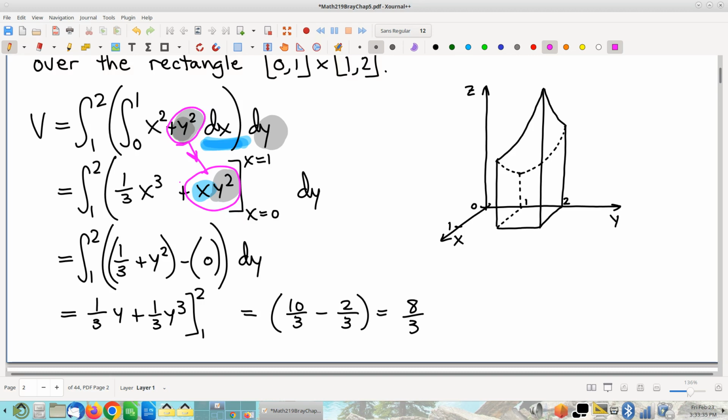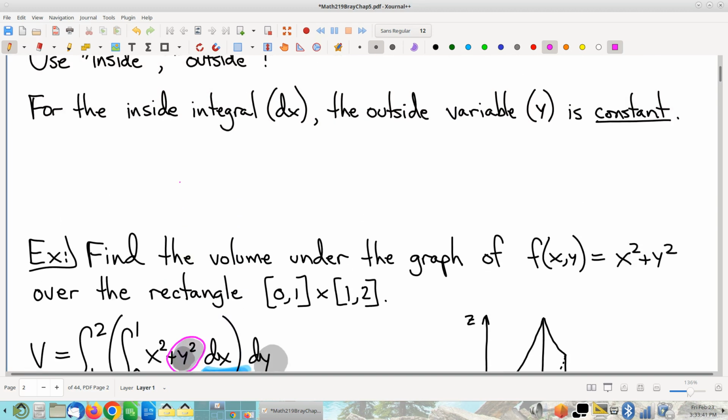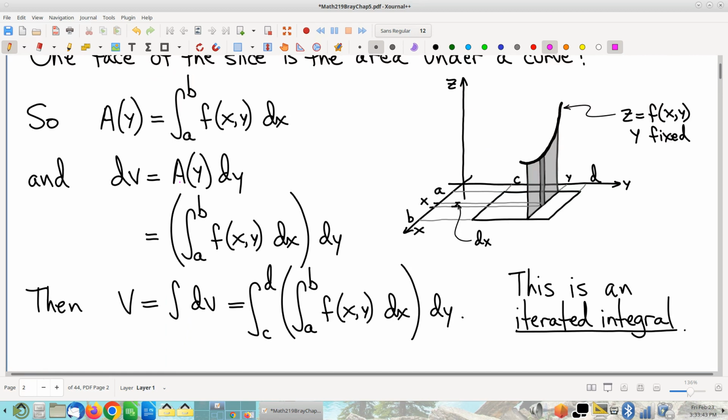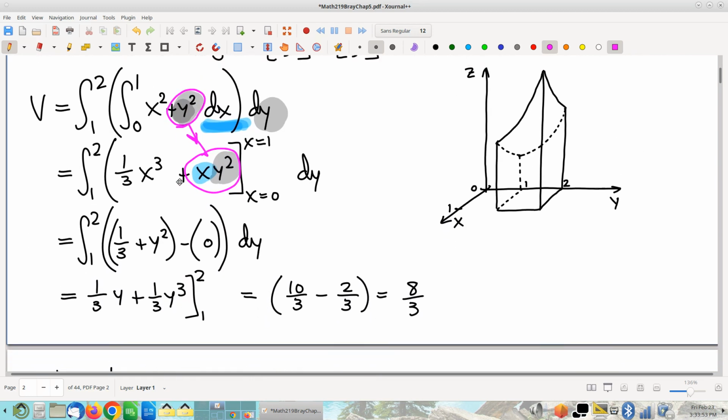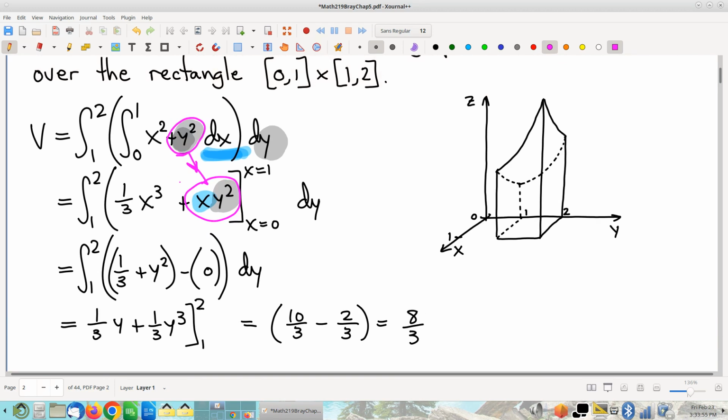And for this inside integral, x is the variable, y is a constant. I mean literally, y is literally a constant as I compute this inside x integral. Nothing make-believe about it. So treat it as such in the algebra.